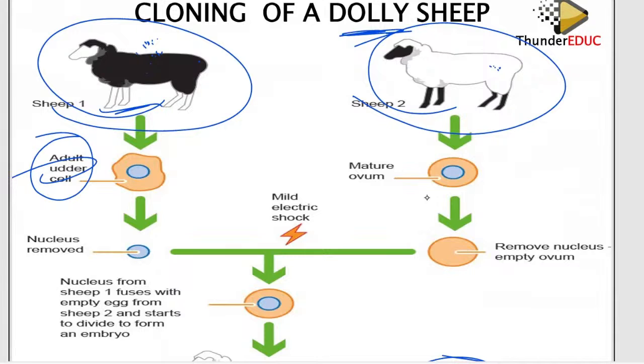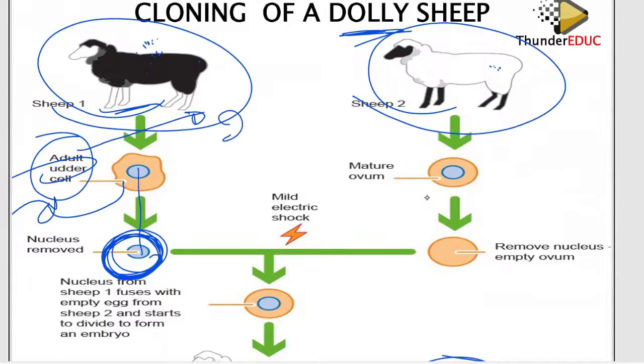You remove the nucleus, you separate it from that cell. Keep the nucleus, throw away this shell. I'm interested in the nucleus. But remember, this cell is diploid because it is not a gamete. It's a body cell.